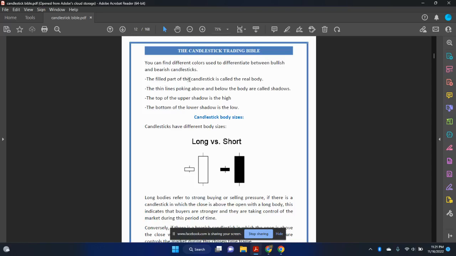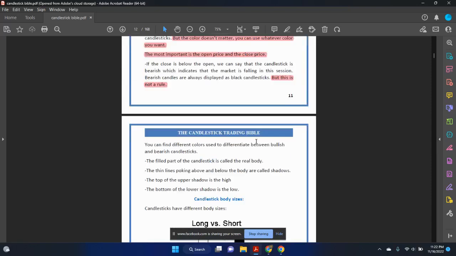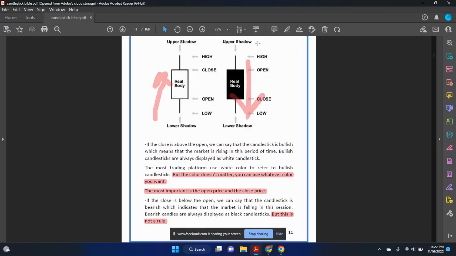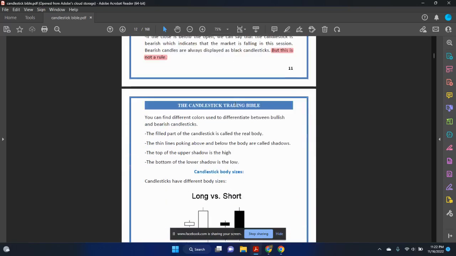The filled part of the candlestick is called the real body. Okay, these big old block things here. The thin lines poking above and below the body are called shadows. So as we've seen, there are our shadows here: lower shadows, upper shadows, and real bodies.